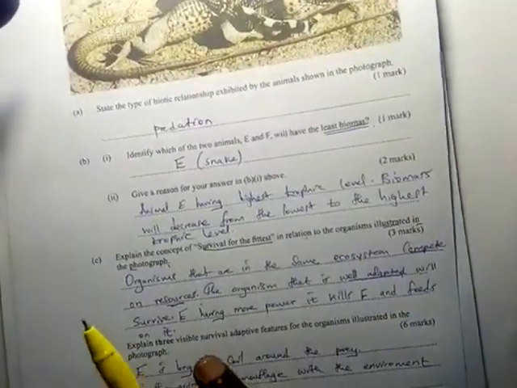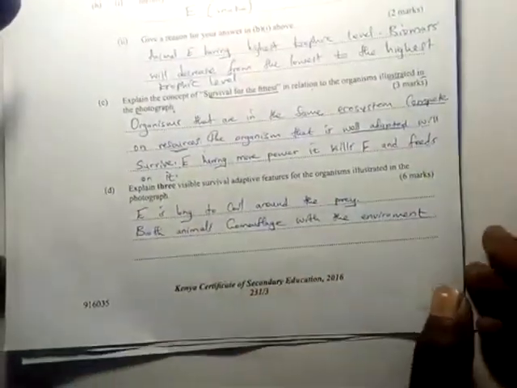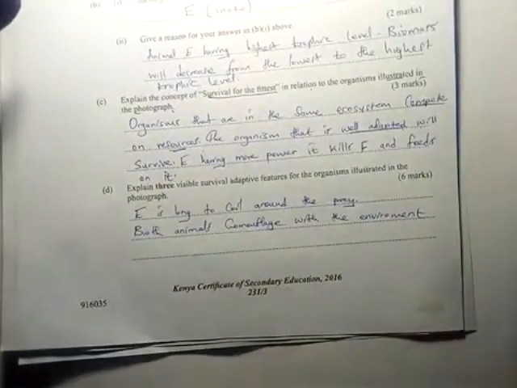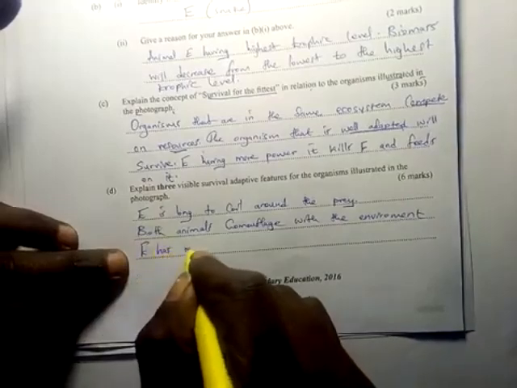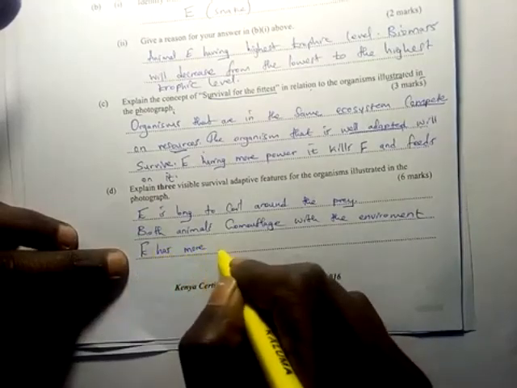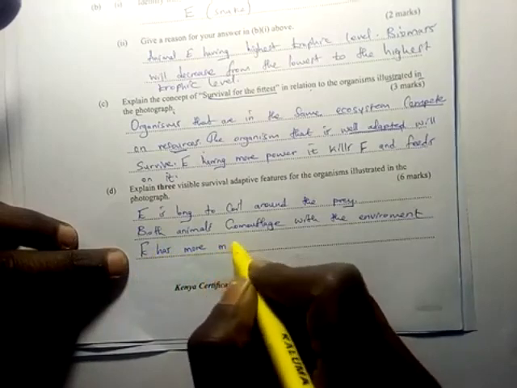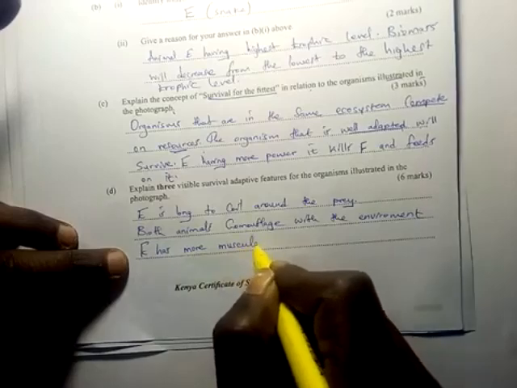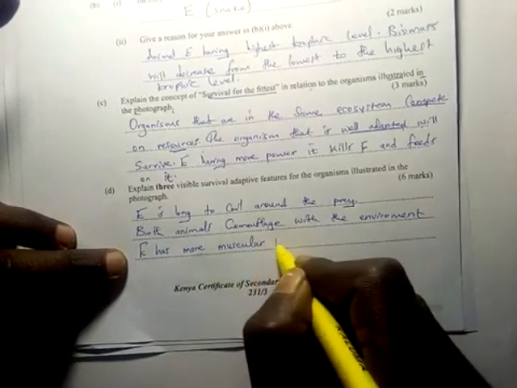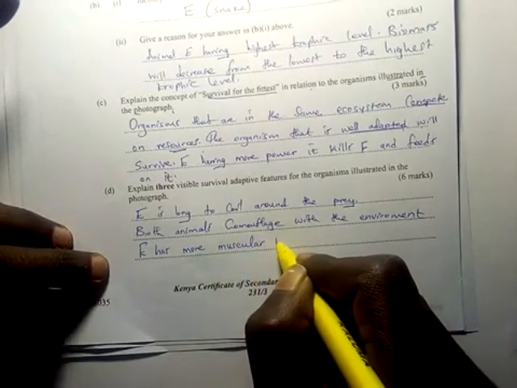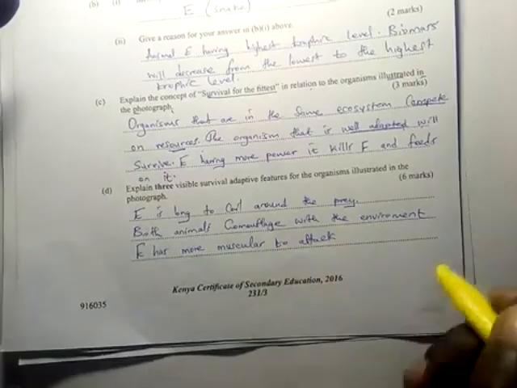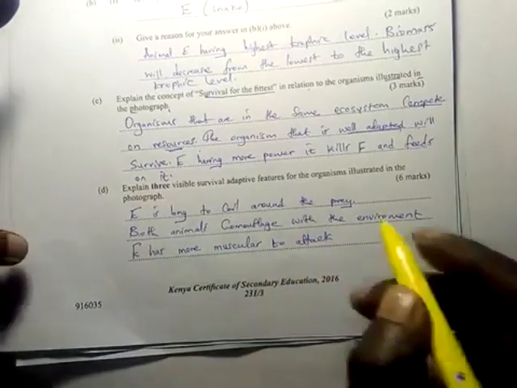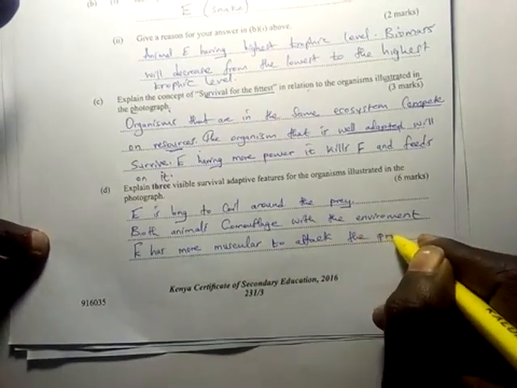That is to camouflage. And then next, the snake, which is E, is more muscular. It is strong, has more muscles to attack the prey.